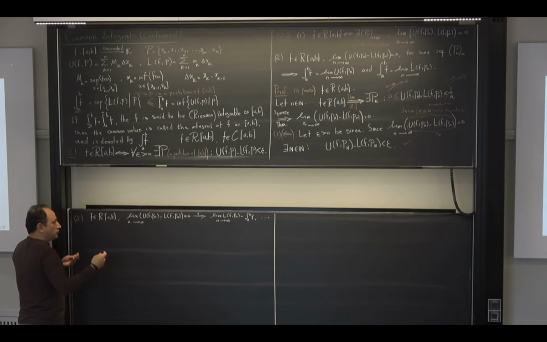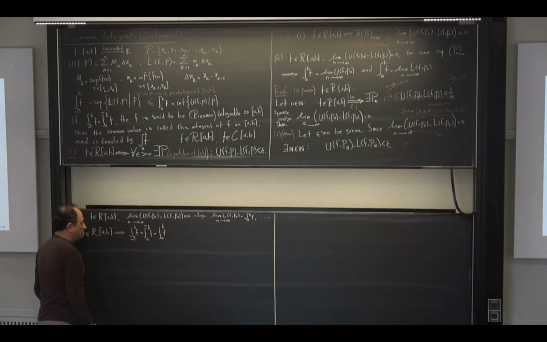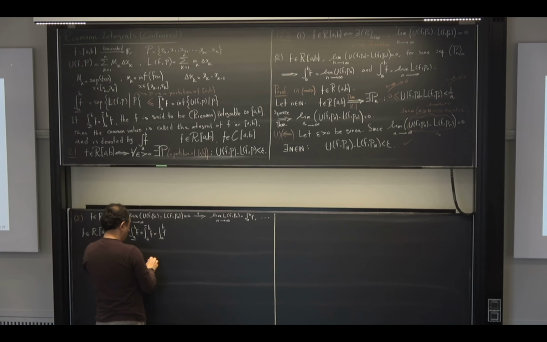Because f is Riemann integrable, this means that the lower integral and upper integral are the same, exactly as I reminded you today. So let us call these three numbers, which are equal, I, for simplicity of writing.